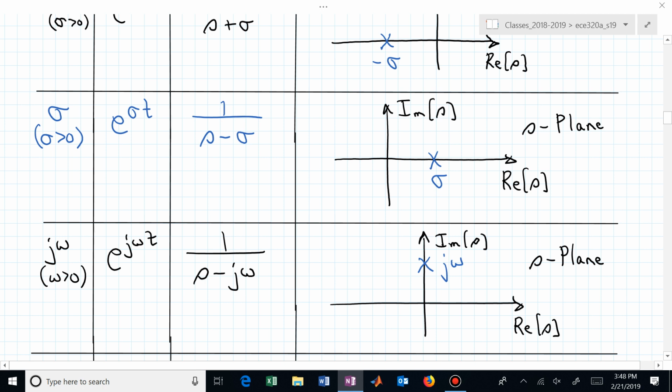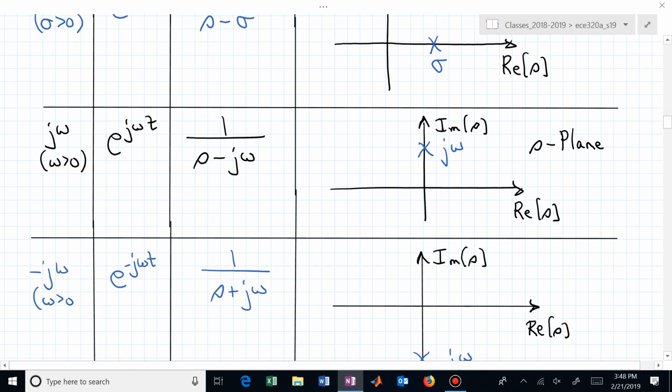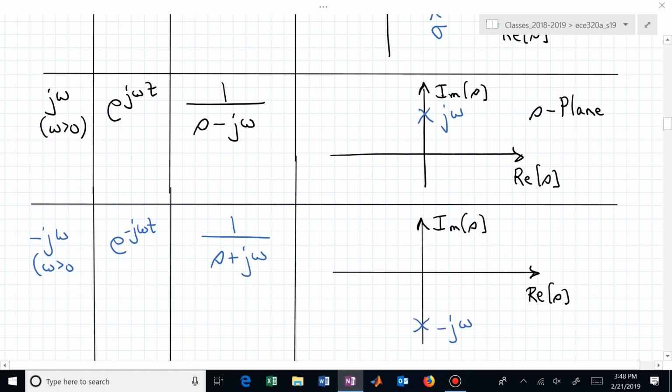This corresponds to a j omega above the horizontal real line. Its twin is if we looked at e to the minus j omega t. Then we have 1 over s plus j omega. We set that denominator equal to 0, and s is now minus j omega, so now we have the twin, or its conjugate, location down below the real line.